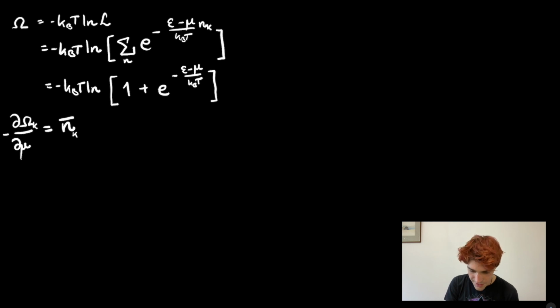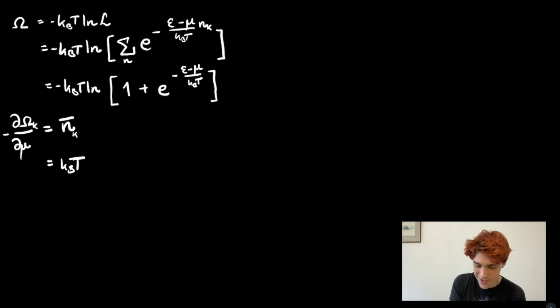So that basically just means differentiating this omega function. So what are we going to get? Both minus signs are going to cancel. This is going to be just kBT, which is a constant, because we're only differentiating with respect to chemical potential.